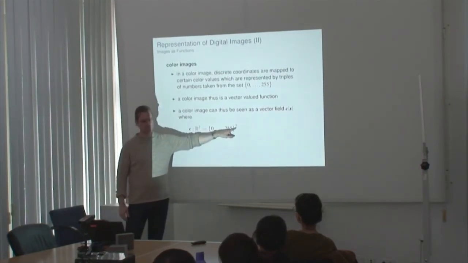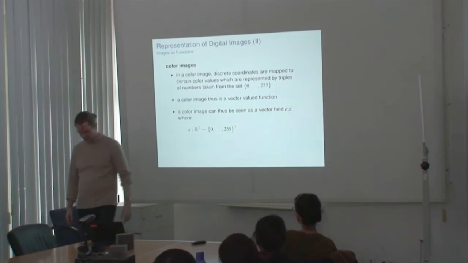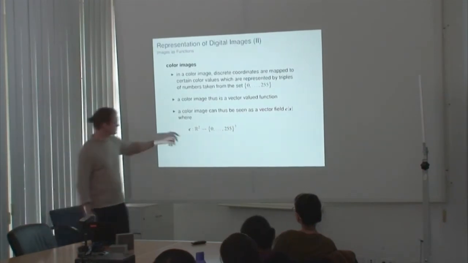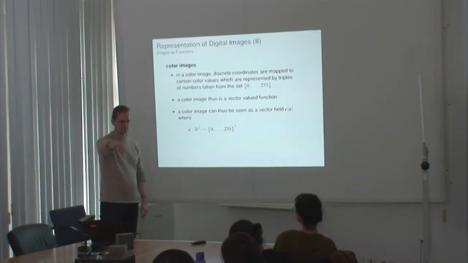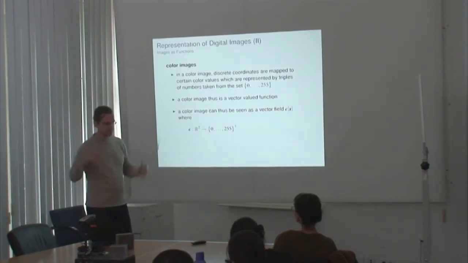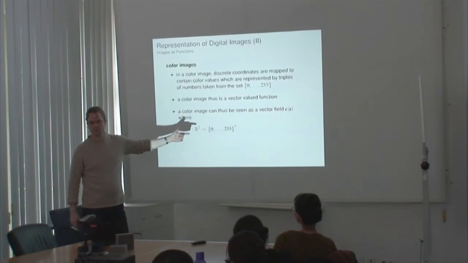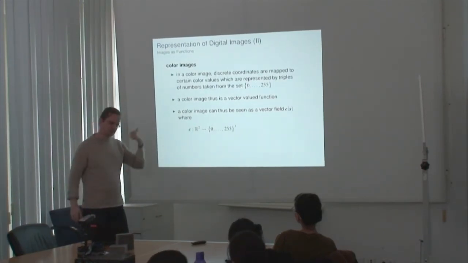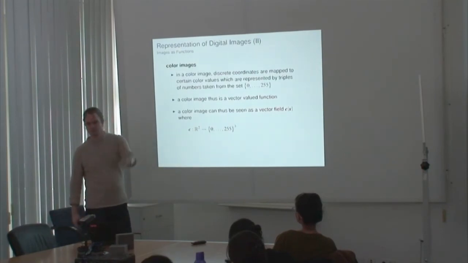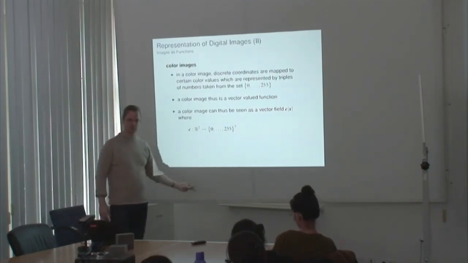Note that there is a power of 3 here now. This is a function that takes a 2-dimensional coordinate, some coordinate here, and maps it to a 3-dimensional vector. This 3-dimensional vector contains 3 numbers: one for the red value at that coordinate, one for the green value at that coordinate, and one for the blue value.